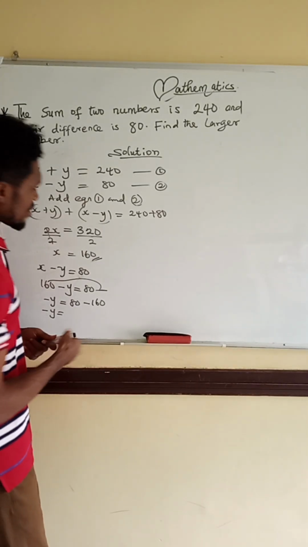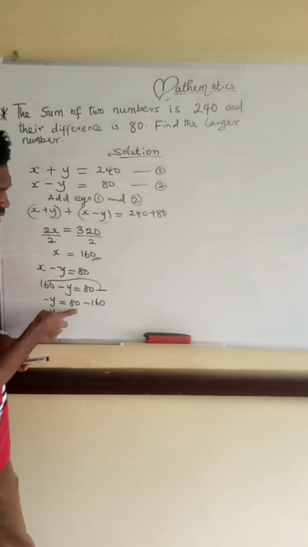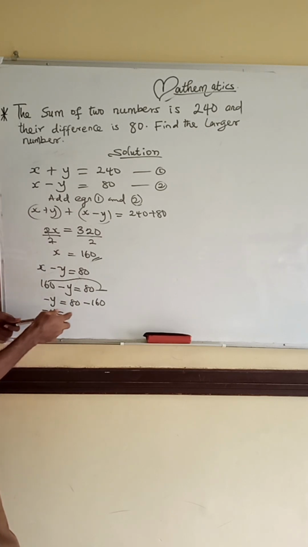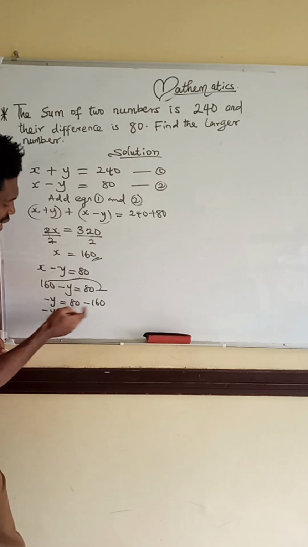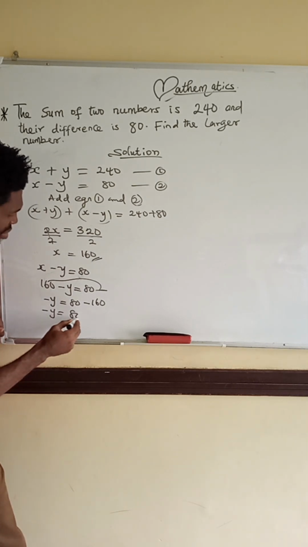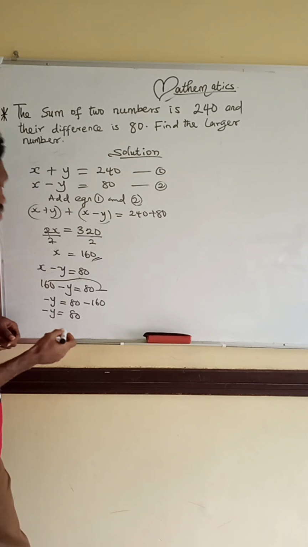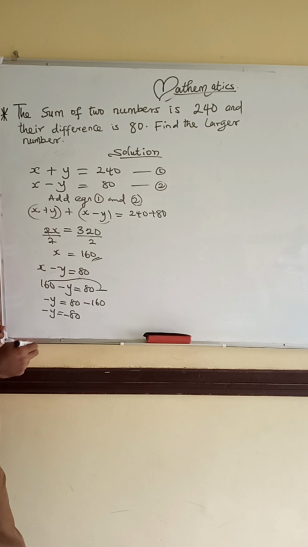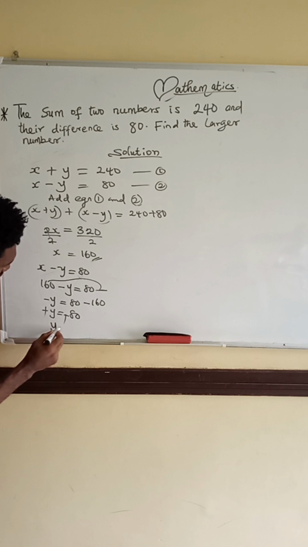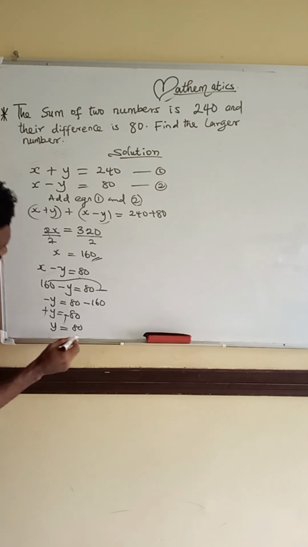So 160 minus 80 is 80, but because you are still owing, we have a minus here. So minus cancels minus, because we're not looking for minus y, we're looking for y. Our y is equal to 80.